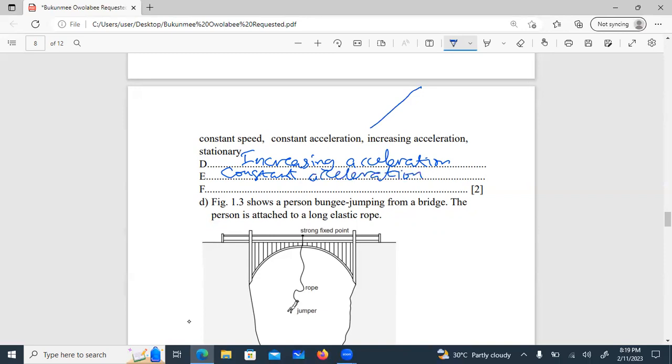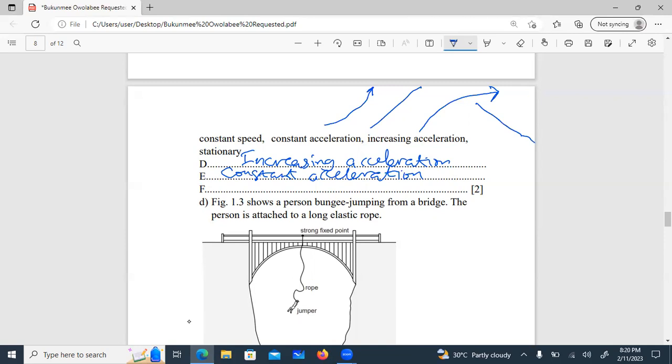If the slope was curved this way, then we say the object is decelerating. If the slope is curved this way, then the acceleration is increasing. If it is curved this way, the acceleration is decreasing rather. If the line is curved this way, there's deceleration. This is deceleration.